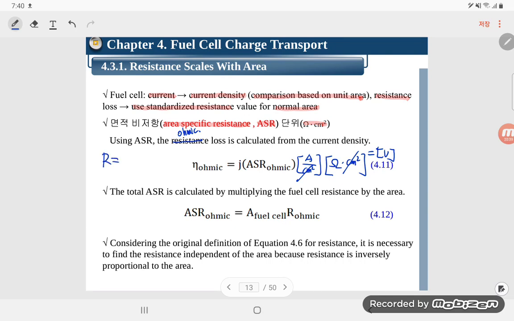R, as we learned, is L over sigma A, and what is the ASR? ASR is AR. If you multiply A into the left and right sides, AR is the ASR, and the ASR is defined as L over sigma. This is the ASR.